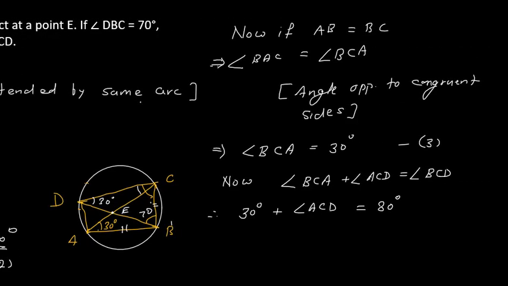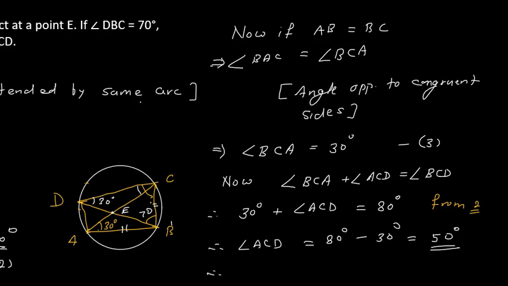From equation 2, angle ACD is equal to 80 degrees minus 30 degrees, which will give you 50 degrees. So the value of angle ACD is 50 degrees. Angle ACD can also be written as angle ECD.